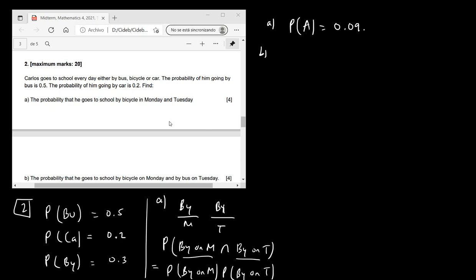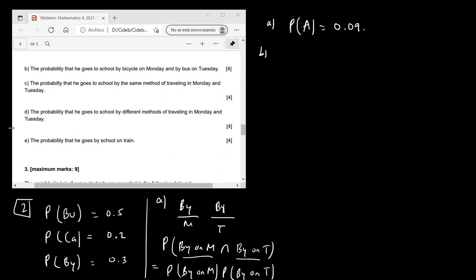And then B. What is the probability that he goes to school by bicycle on Monday and by bus on Tuesday? So once again, we have Monday, Tuesday, and now bicycle on Monday and bus on Tuesday.